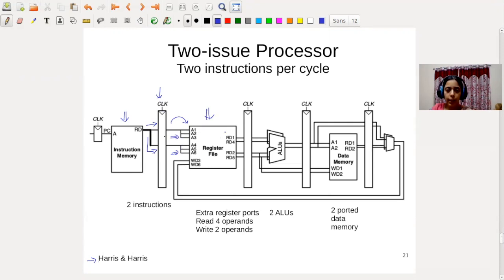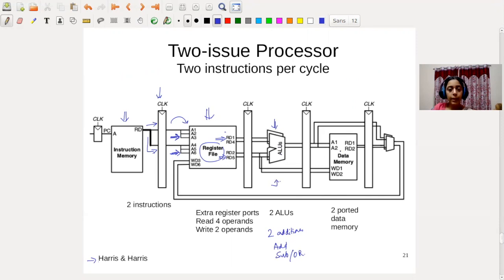So basically, you have read in two instructions here, and then the register file is going to give you data out. So that is four reads, and then you have parallel ALUs. For example, if you want to do two ALU operations at the same time, an add and a sub, or add and an or, and so on, you need two ALUs here.